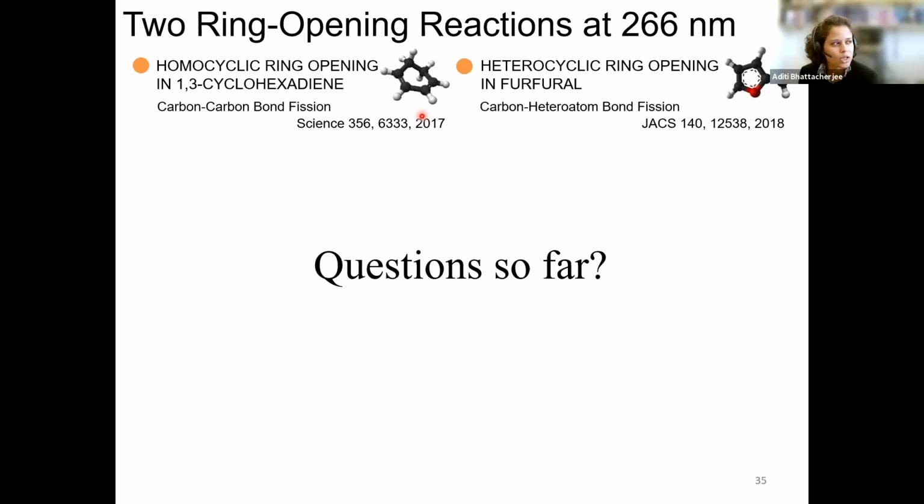What we did was we estimated the probe volume given our 266 nanometer focusing conditions, applied the known absorption cross section for cyclohexadiene at 266 nanometer, estimated the number density of the molecules in the gas jet, in our sample cell, and arrived at close to maybe 18% excitation for cyclohexadiene. Maybe 13% excitation is what we said.